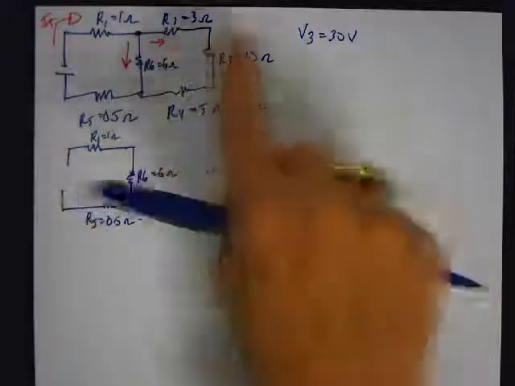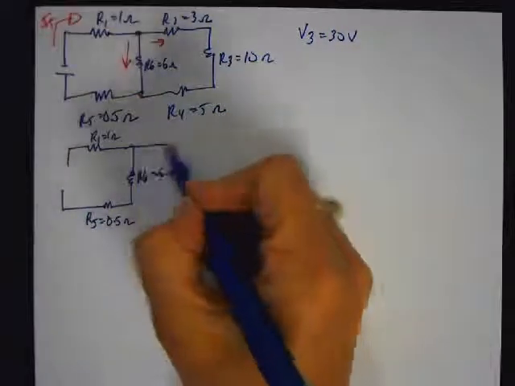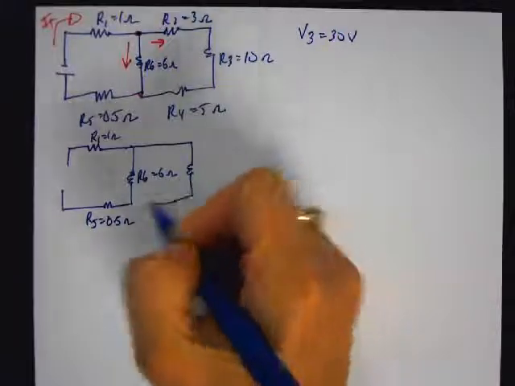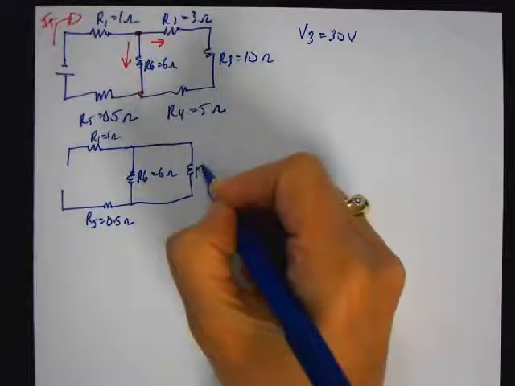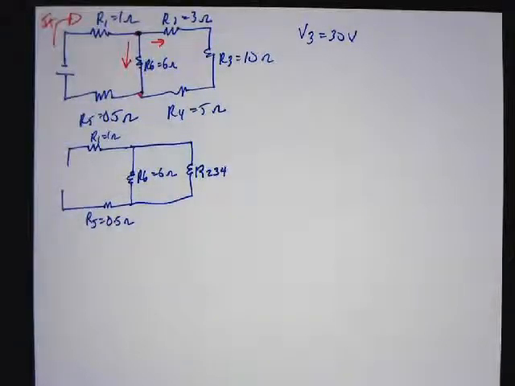R2, R3, and R4 are in series. So I'm going to add them together with an equivalent resistor I'm going to call R2, 3, 4.